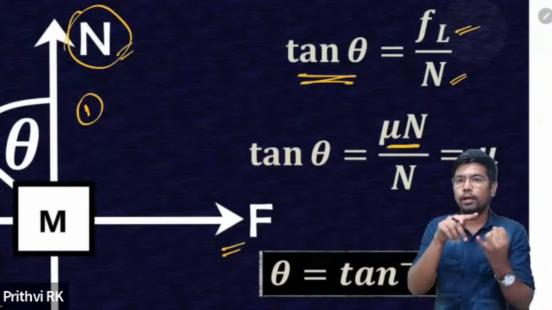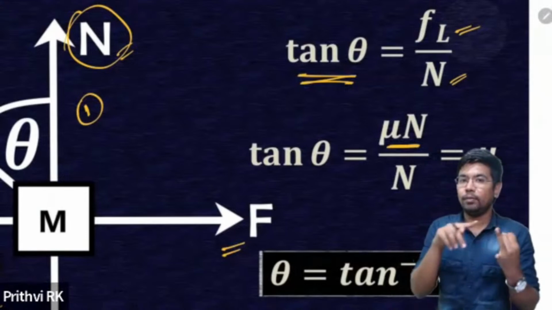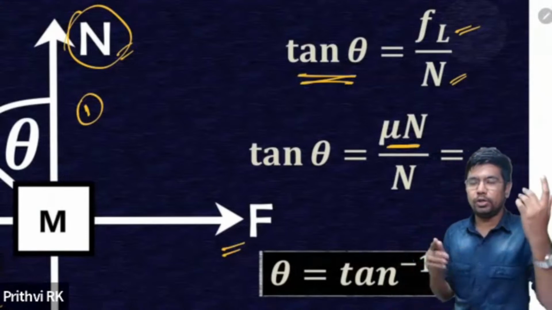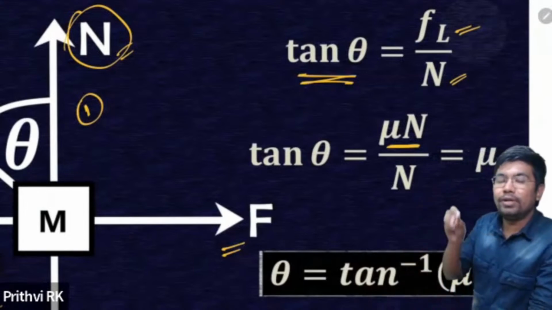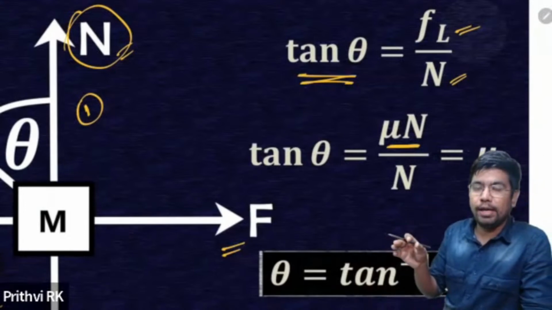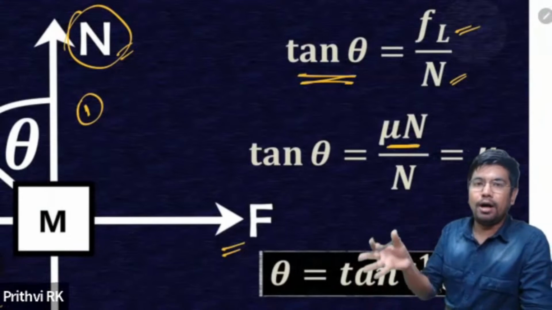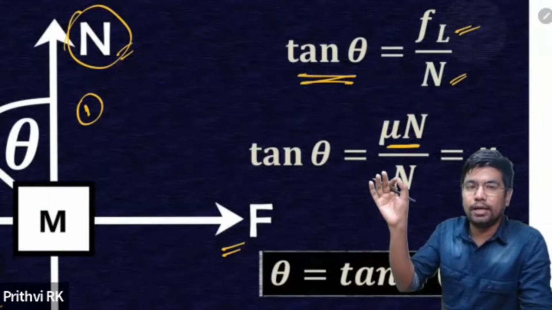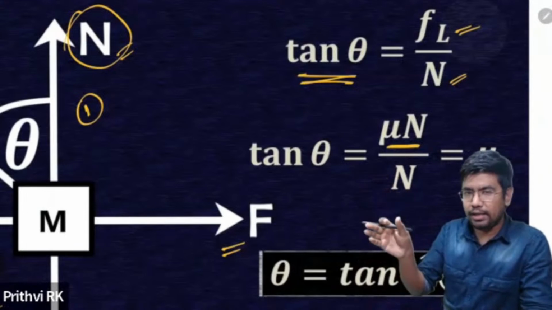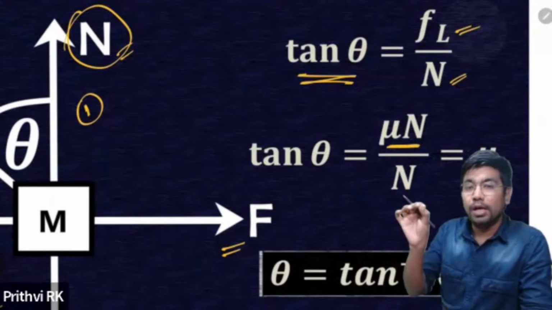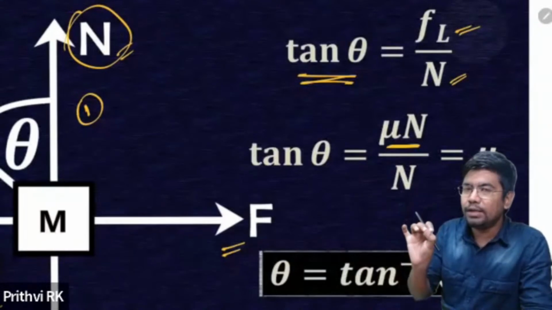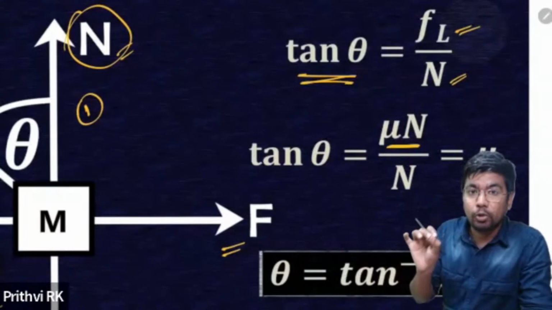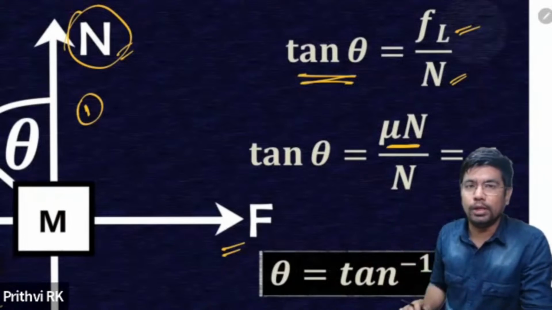Mu S represents static, mu K kinetic, but you can just put mu. I already said, it doesn't matter when solving a problem. Either it is static or kinetic, you can just substitute it as mu. If they give kinetic friction, substitute it in place of mu. If they give static friction, substitute it in place of mu. That's all. It is not compulsory to write mu S or mu K.